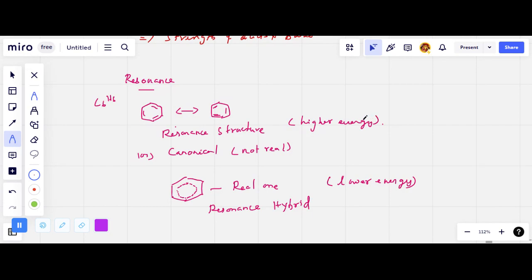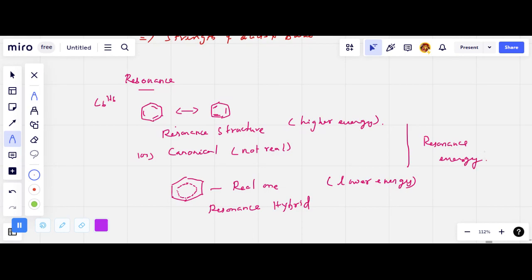The difference between the energy of the hybrid and the energy of the canonical forms is called resonance energy.